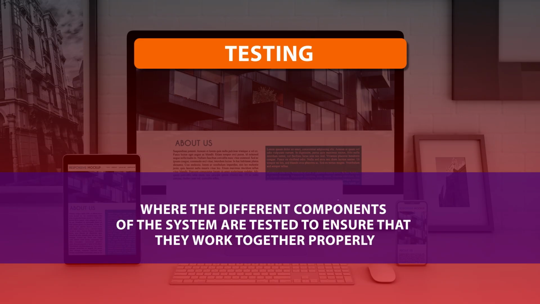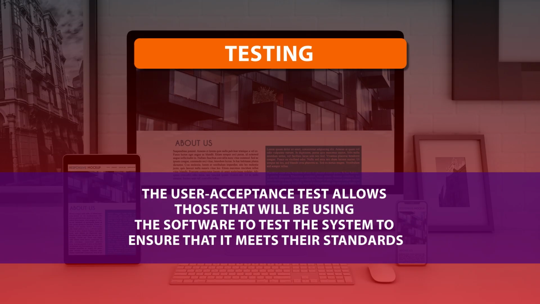Next is the system test, where the different components of the system are tested to ensure that they work together properly. Finally, the user acceptance test allows those that will be using the software to test the system to ensure that it meets their required standards.